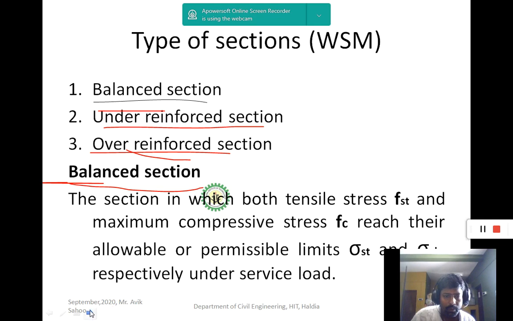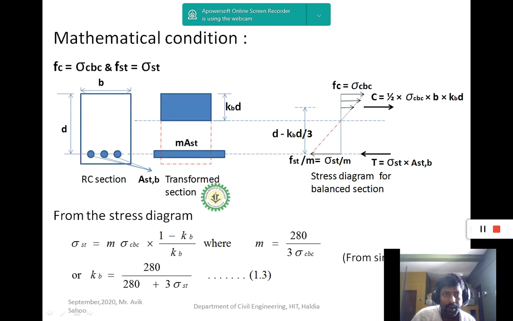Now, we move to the next slide. So this is a mathematical condition. Here, this is a section and sagging bending moment takes place under load. So the above neutral axis fibers are in compression.